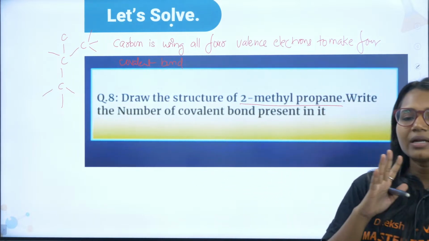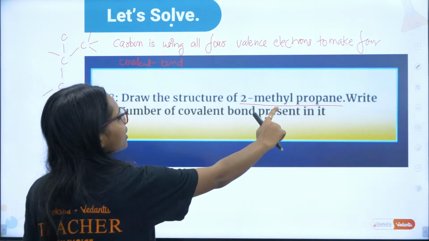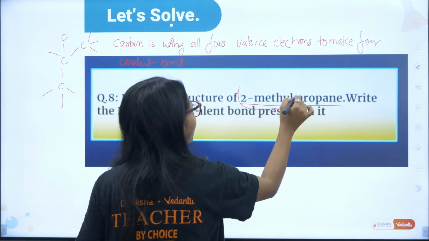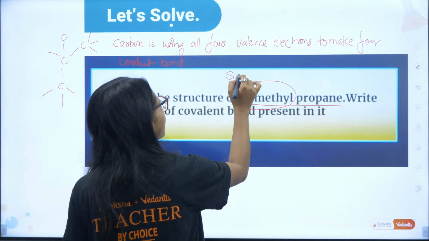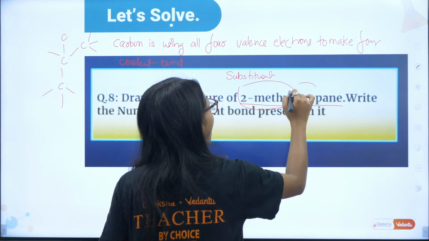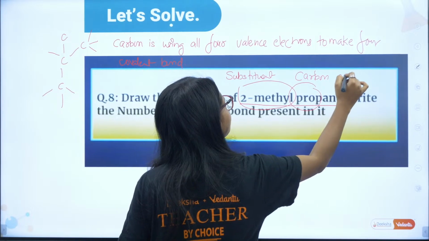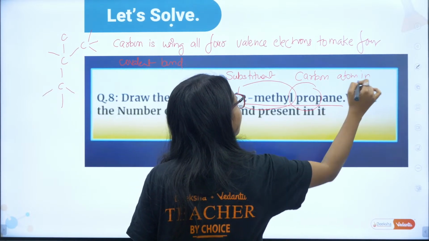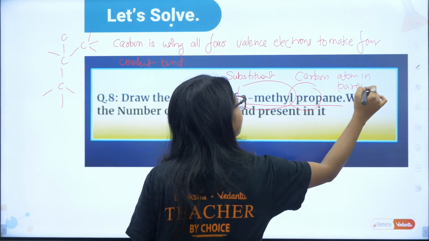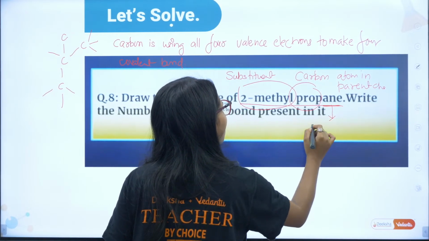You have told me that propane means 3. 2-methyl is the substituent. Prop means carbon atoms in the parent chain. Ane means single bond.